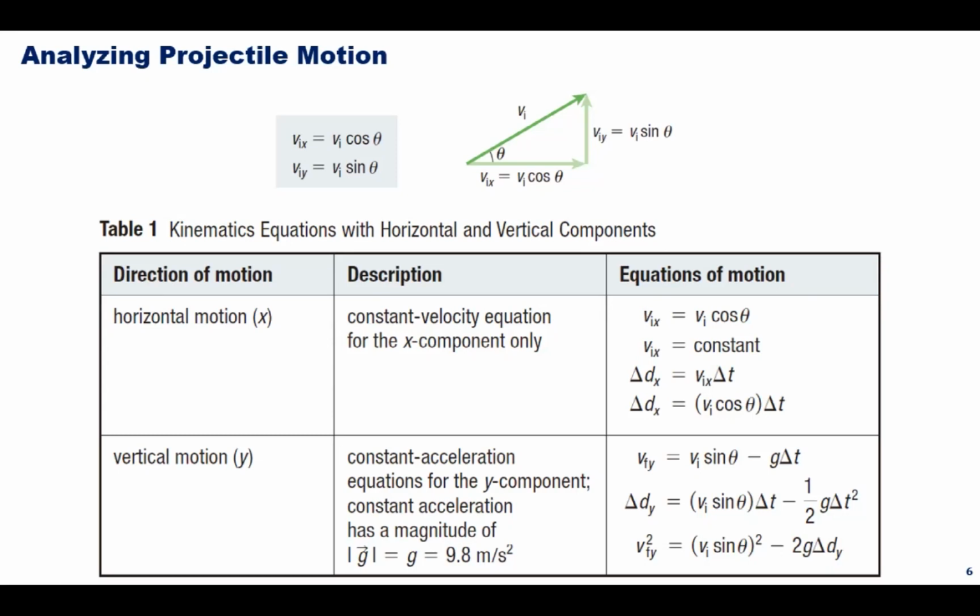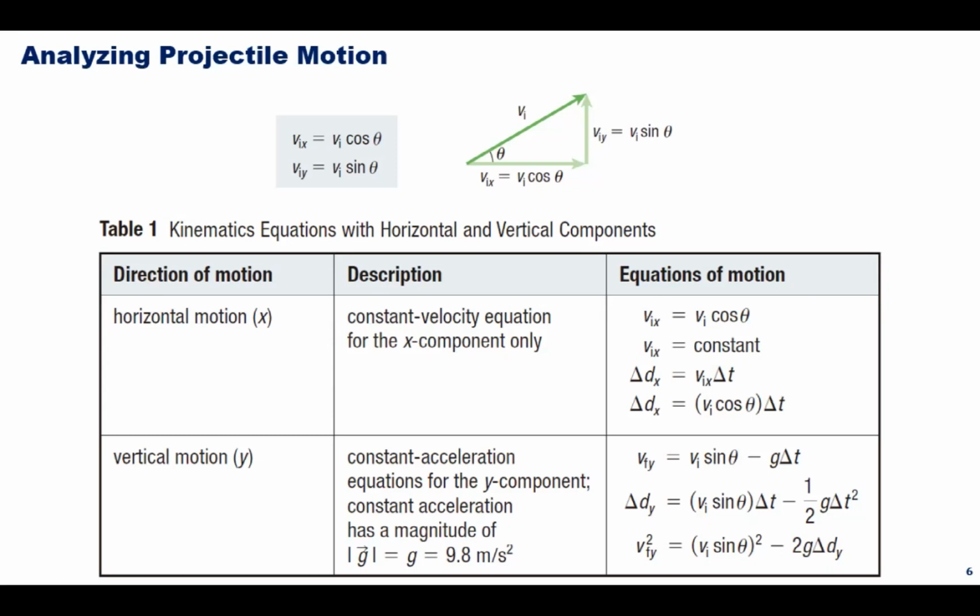And along the vertical motion, which is in the y direction, you know that's a constant acceleration motion, right? The constant acceleration has a magnitude of about 9.8 meters per second squared near the surface of Earth. Then we have the following relationships.